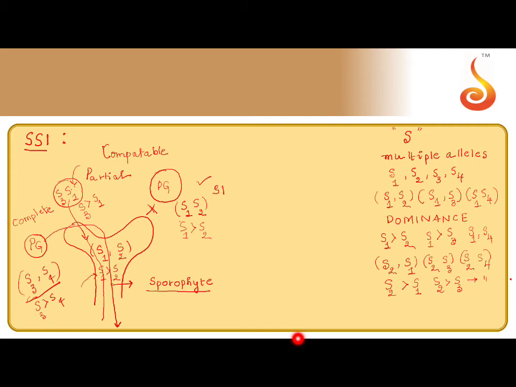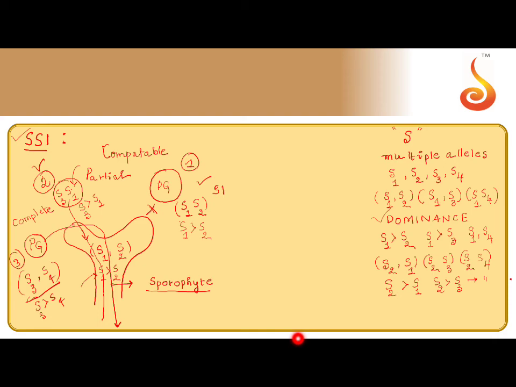This is sporophytic self-incompatibility, but true dominance. Even if we have alleles in common, like in this case, if this is pollen grain 1, pollen grain 2 and pollen grain 3, in the second pollen grain we have an allele in common, that is S1, but because the method of expression is dominance, the dominant allele is different, so there is a chance.